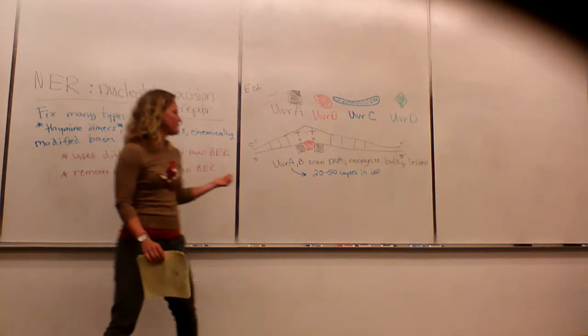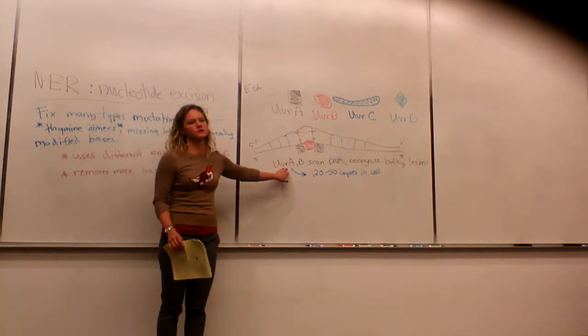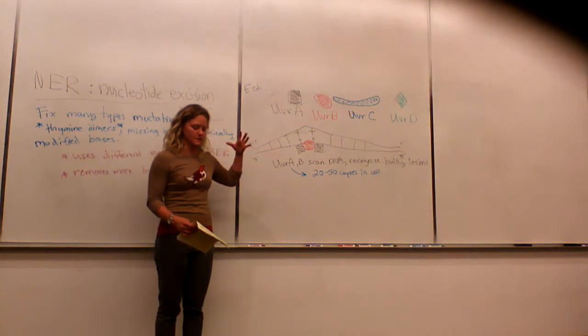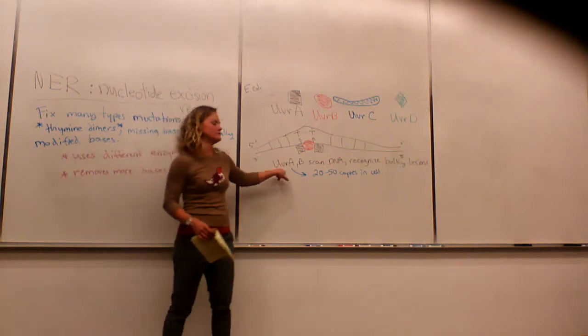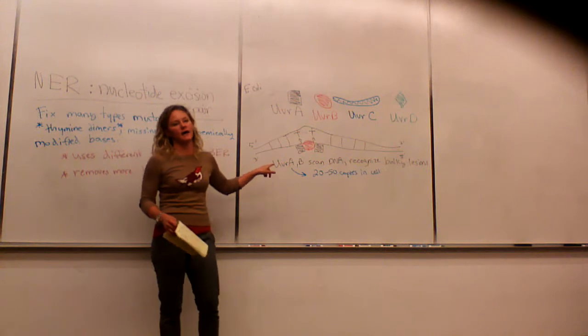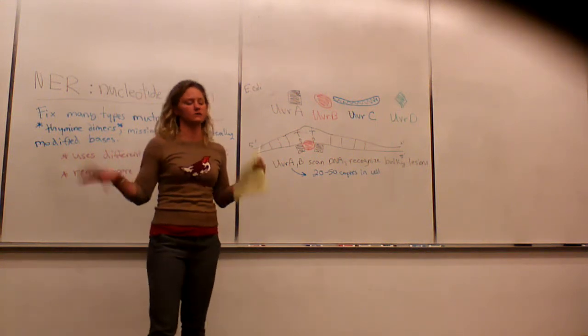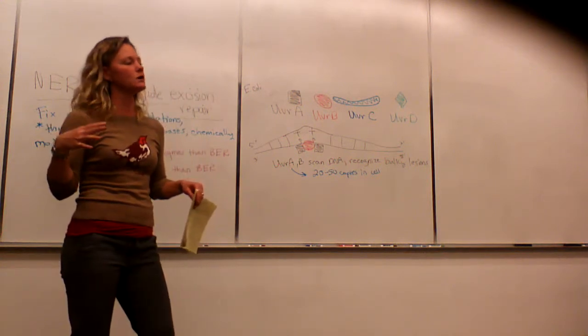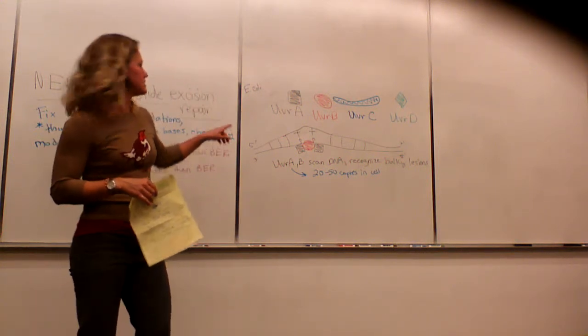And so what they have found by doing this kind of research is there are times when E. coli can ramp up production of these proteins. If it senses that it has a lot of damage or that it's undergoing some kind of UV, for example, exposure, we see upregulation of these genes.